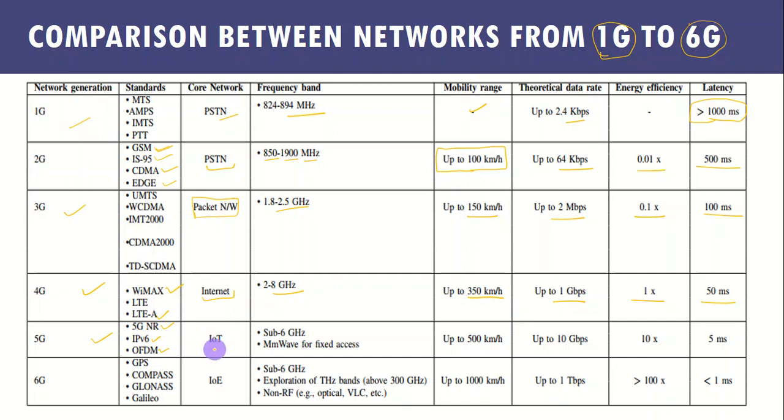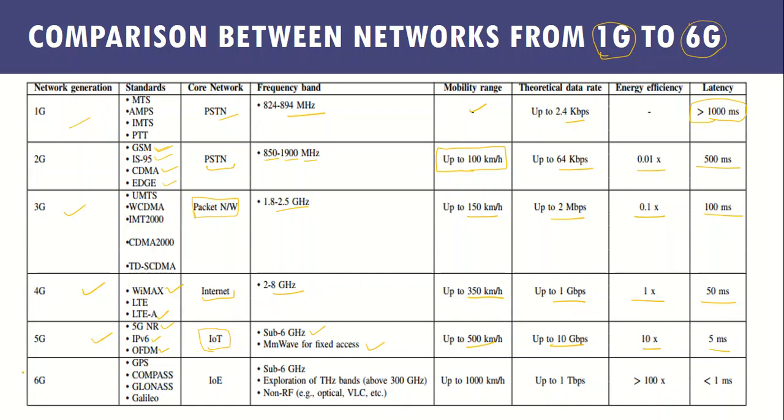Here the Internet of Things is used. The sub-6 gigahertz frequency band is used in 5G, and the millimeter wave spectrum is also used for 5G communication for fixed services. The mobility range is up to 500 km per hour, data rates improved up to 10 Gbps, energy efficiency improved 10 times, and latency reduced to 5 milliseconds.